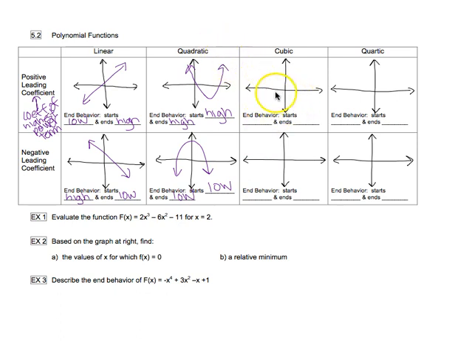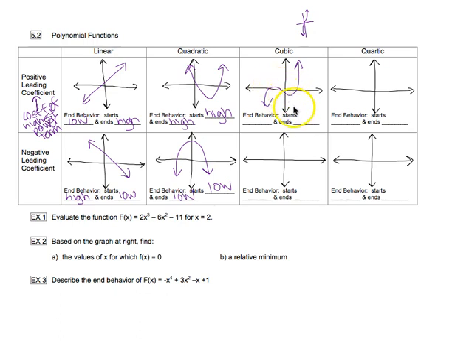Cubics. The general shape looks something like this. Sometimes it could just simply be this with a little less curving in the middle. These are called relative extrema, a relative maximum and a relative minimum.